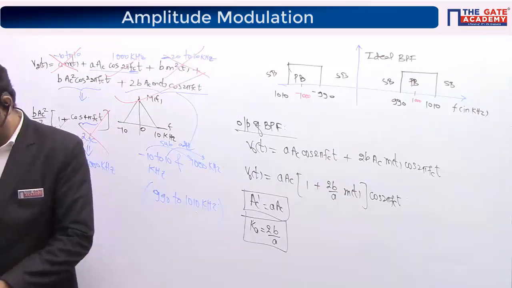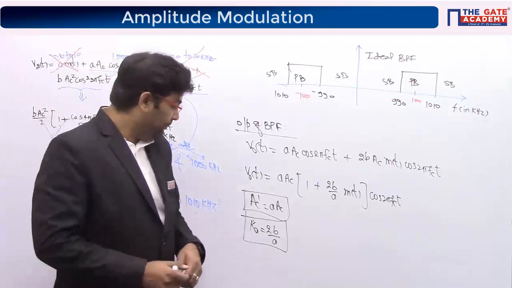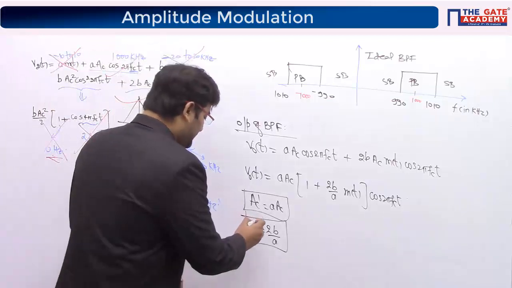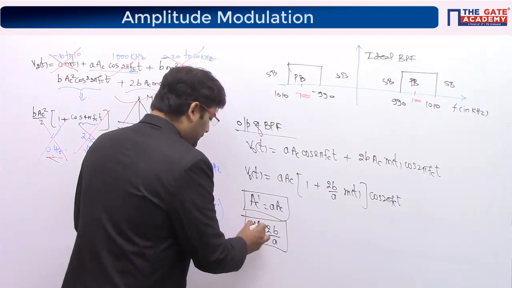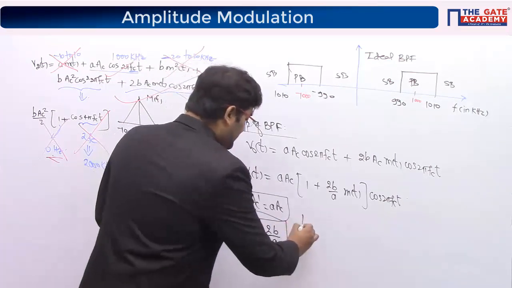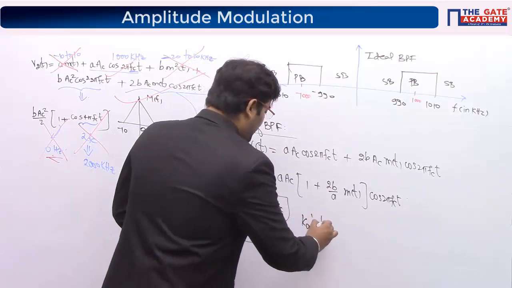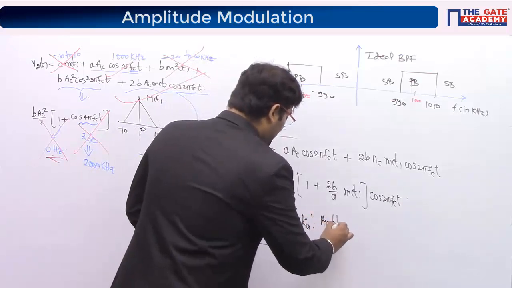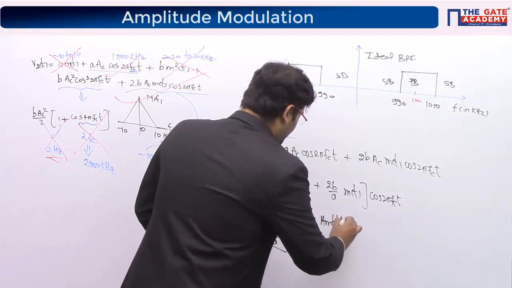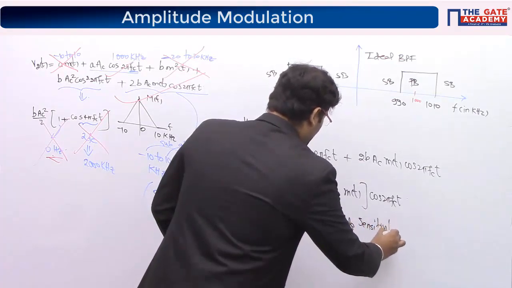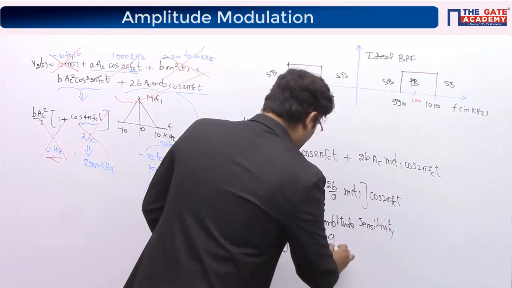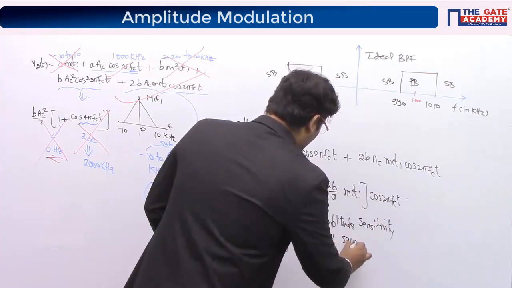So K dash is equal to 2b by a, and K dash is known as the amplitude sensitivity of the square law modulator.